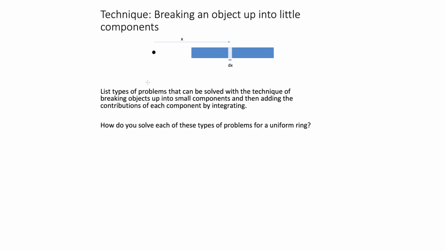Okay, so a technique that came up a lot in this course was breaking an object into little components and then summing up the contribution of each of the components to work out the total force or the total energy. Here we're asked to list the types of problems that can be solved with the technique of breaking objects up into small components and then adding contributions of each of these components by integrating.